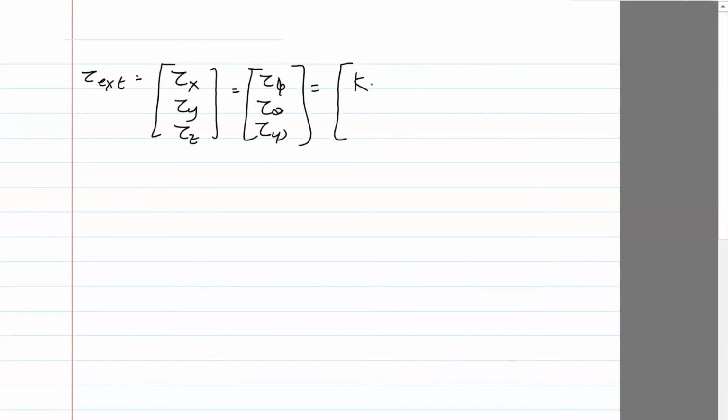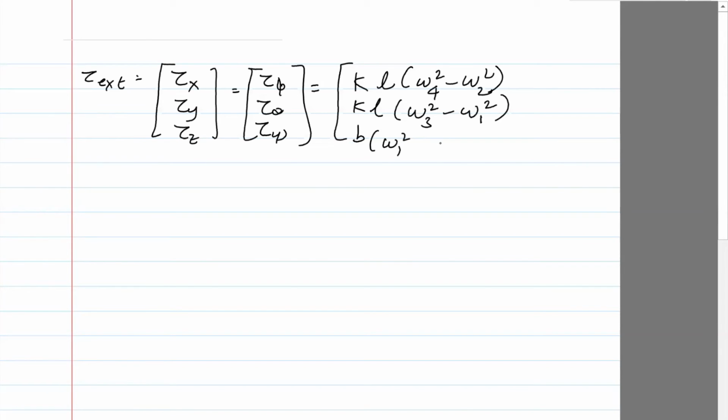It's the constant k times L times omega 4 squared minus omega 2 squared, and then k times L times omega 3 squared minus omega 1 squared, and then finally b, I think it's the drag constant, times omega 1 squared minus omega 2 squared plus omega 3 squared minus omega 4 squared.